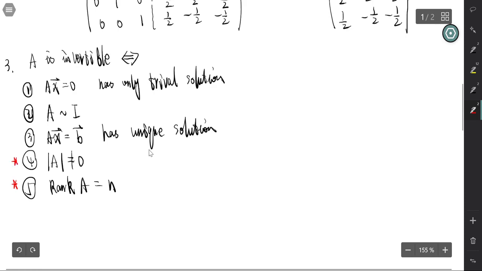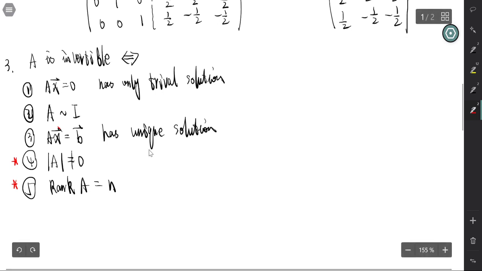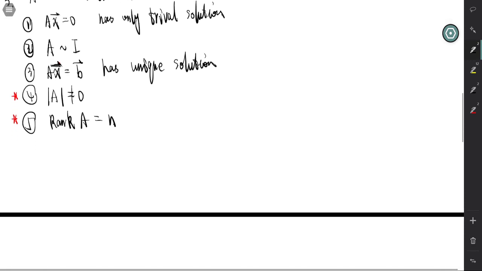These two criteria are commonly used. So if we want to determine our matrix is invertible or not, we use the rank or the determinant. The rank one is the most efficient way to determine our matrix is invertible or not.